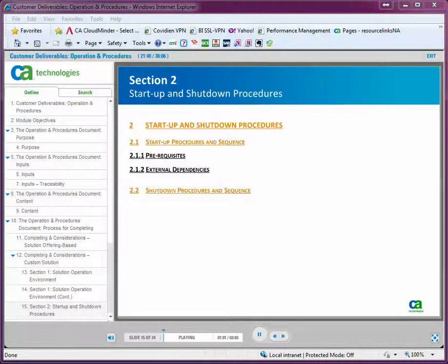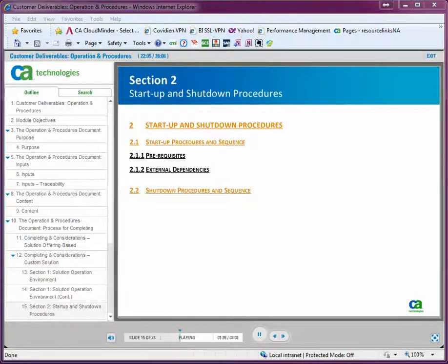The sequence for starting Service Operations Insight is as follows, as an example: the database, the application server, the web server, and then the connectors. And again, any of the dependencies must be captured. Furthermore, you should document a set of steps to validate the proper working conditions once the solution has started correctly.